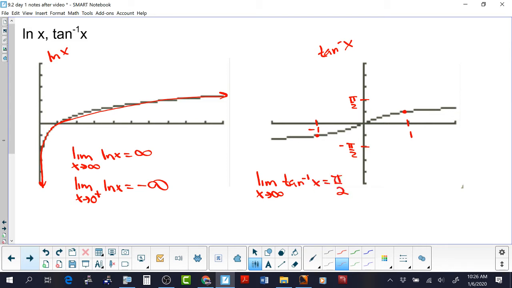This one levels out to pi over 2 on the right. And the limit as x approaches negative infinity of inverse tangent is equal to negative pi over 2. Now, we don't use that 100 times. We use it a couple times. You might run across that in a couple problems that we do.